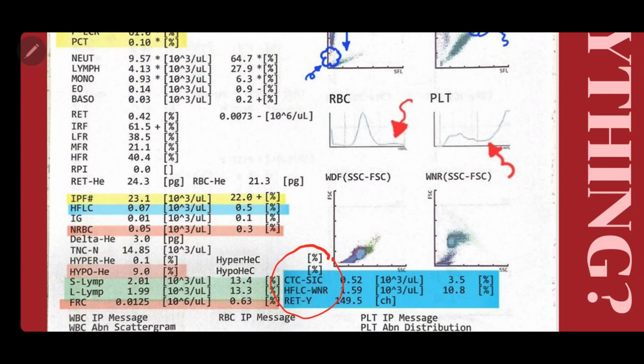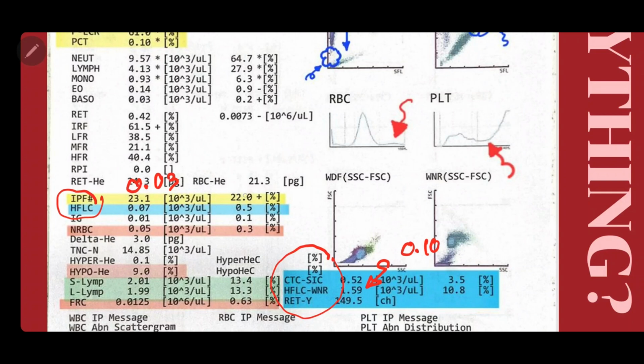For HFLC, or high fluorescent lymphocyte cell, on this side, it should not exceed 0.03. On the other hand, it should not exceed 0.10. This suggests that there is an issue with some antigen stimulating the dog, or it could be an autoimmune response.